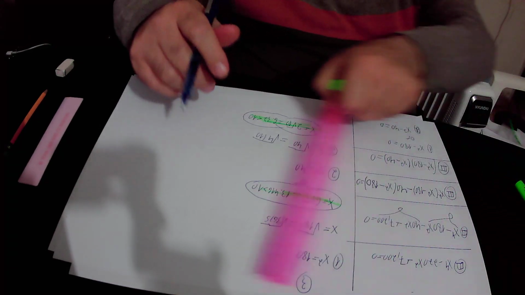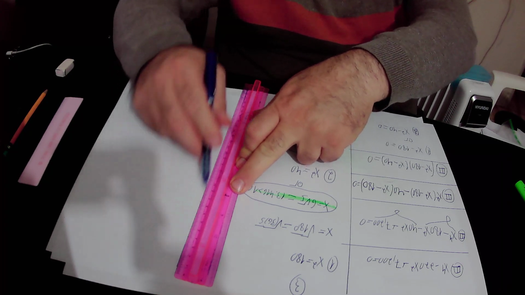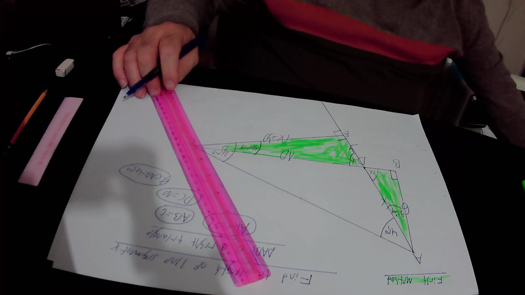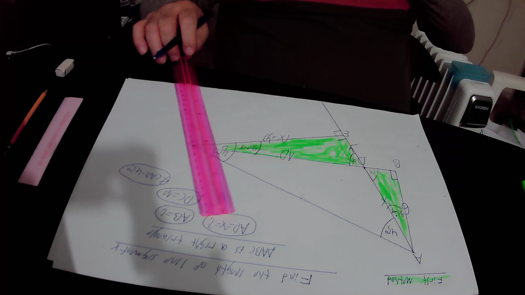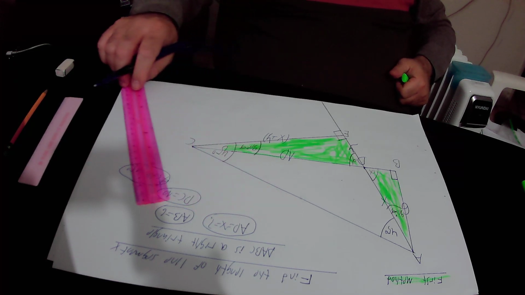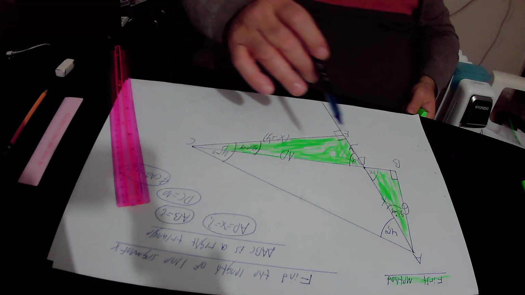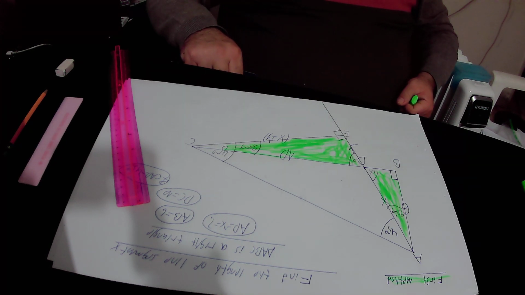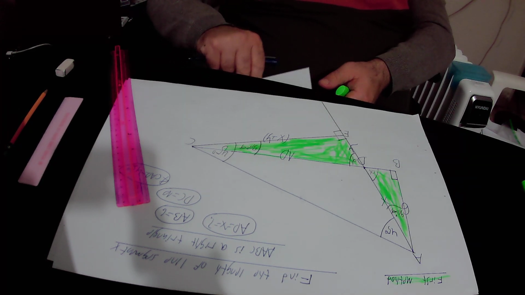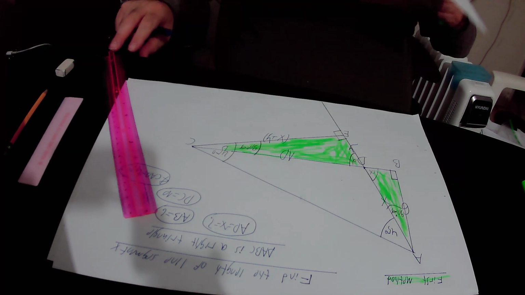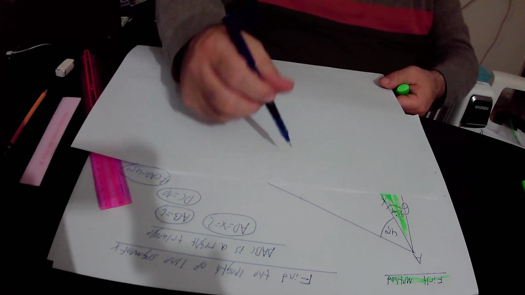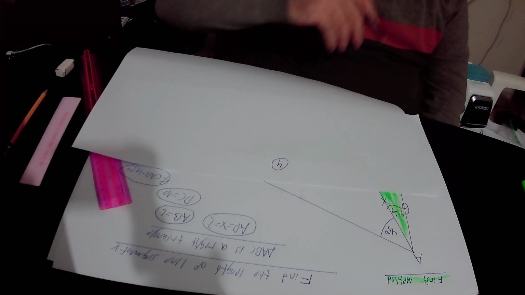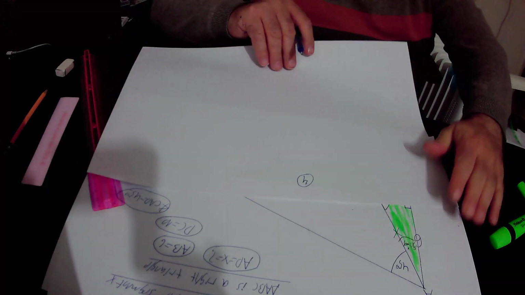Okay, so here I draw triangle ABD with triangle ADC, and we'll find out if those two solutions are correct or not.